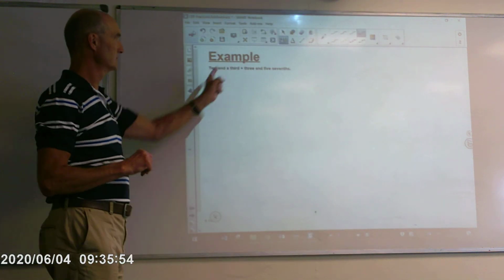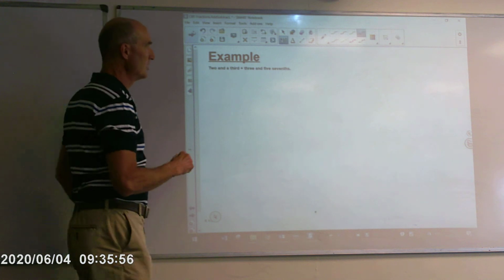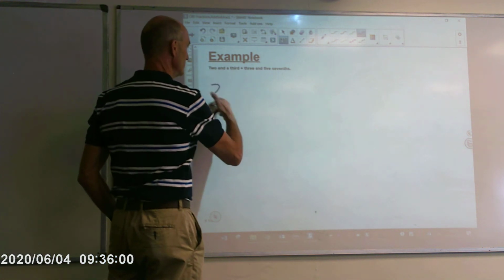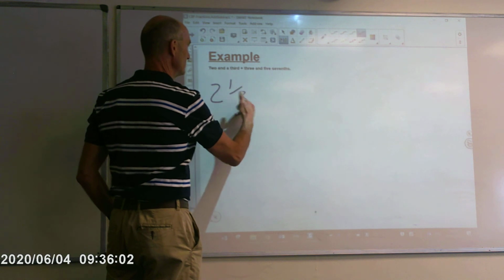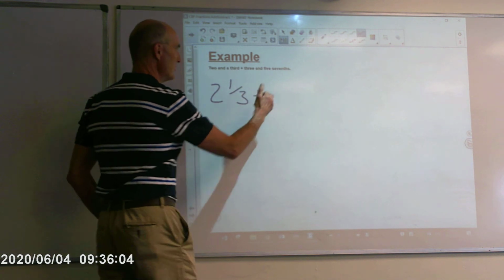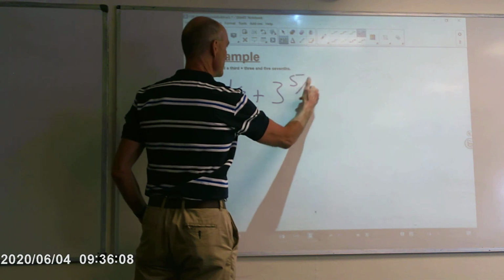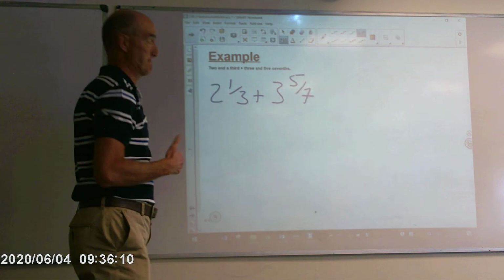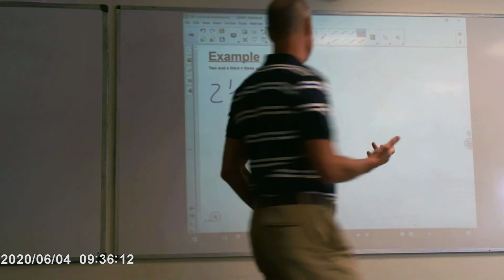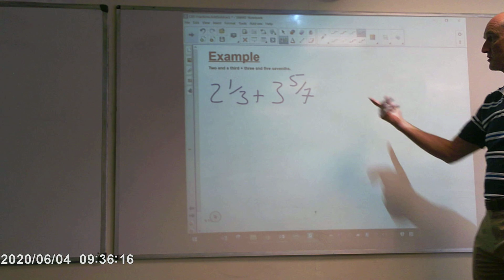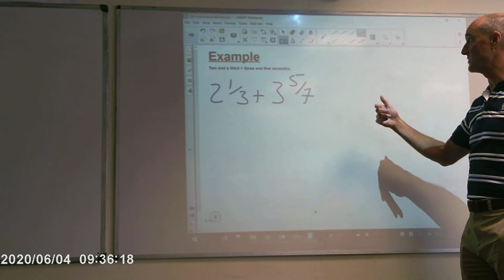Okay, another example. Got 2 1/3 added to 3 5/7. Okay? Alright? Let's do a similar process to what we were doing with multiplication and division.